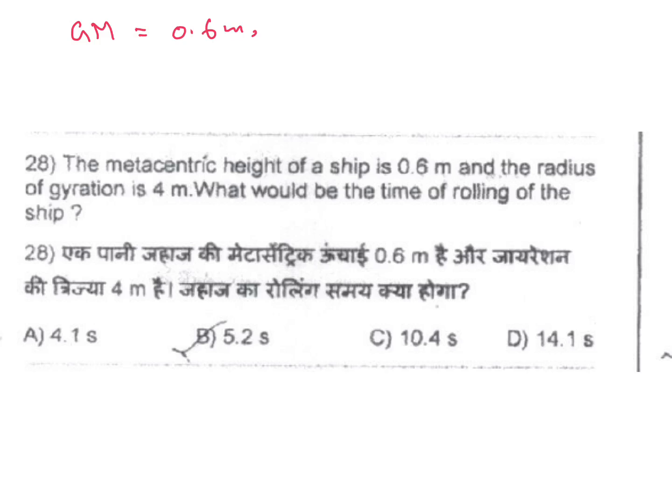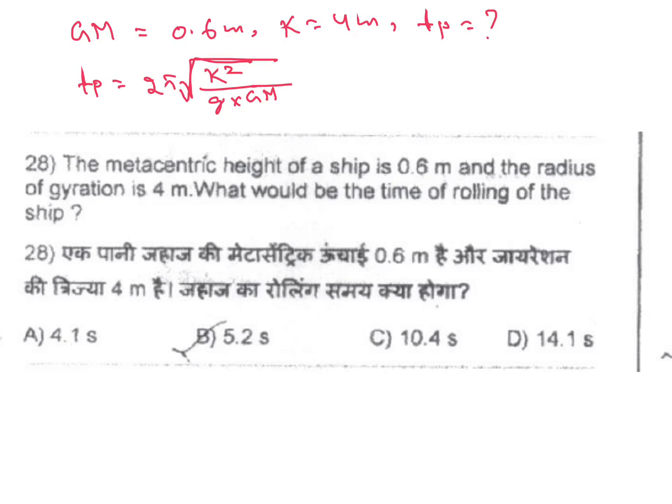Then radius of gyration K equal to 4 meter. We have to calculate time of rolling. So Tp equal to 2 pi root over K square by g into GM. Put the values, you will get the answer.